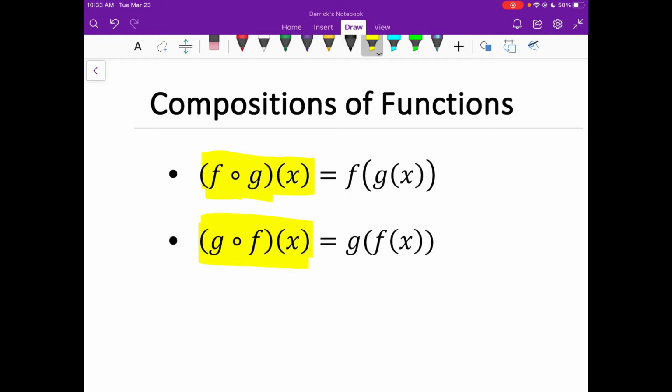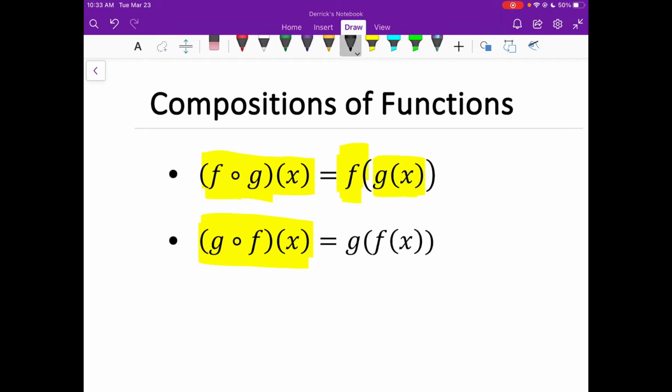So for example, if we are doing f of g of x, what that means is we are supposed to take the entire g of x function and plug that in to our f of x function. Whereas g of f of x would be vice versa, taking f and plugging it into g.